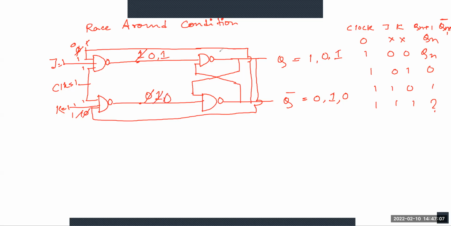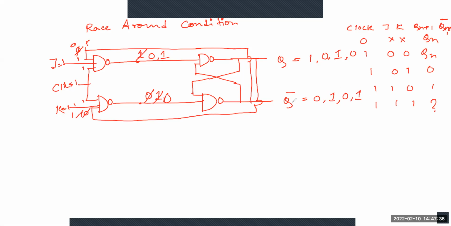So the final output for this condition at this moment is 0 and here it is 1. Okay, so from here you can see for the case of Q the value is changing from 1 to 0, 0 to 1 like that, and the Q bar is changing from 0 to 1, 1 to 0, 0 to 1 like that.